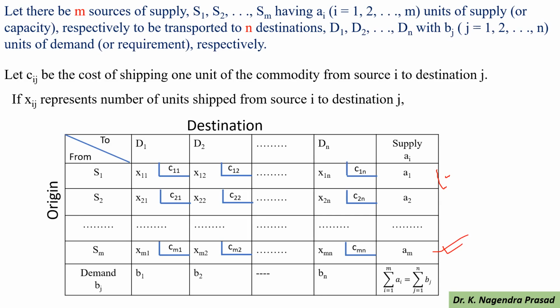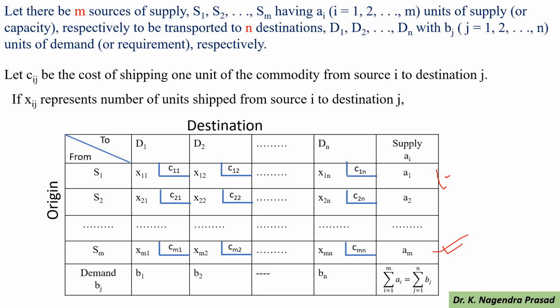Similarly, demand centers or destinations are represented in columns, that is D1, D2 up to Dn, and the demand values are B1, B2 up to Bn for the corresponding demand centers.